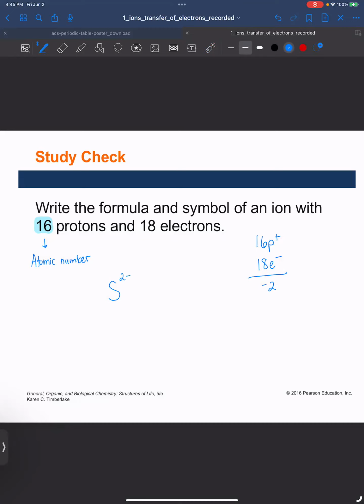And so the way we represent ions in a symbol form, we usually write the symbol, then the number first, and then the charge after it. So this would be sulfur and then 2 minus the charge. And sulfur is in group 16, and we did say group 16 elements form a -2 charge. This makes sense because it gained 2 more electrons.